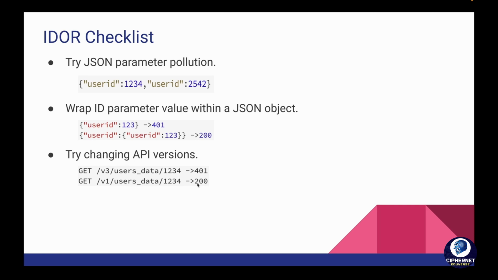You might bypass the authorization check and get the response, or else try to change it to v2, etc. So these are the various IDOR checklist items in order to bypass the authorization check on the server side and get the victim's information, sensitive information, in the responses.